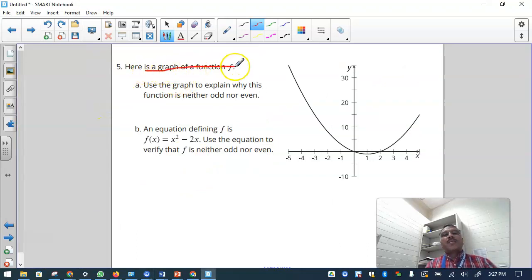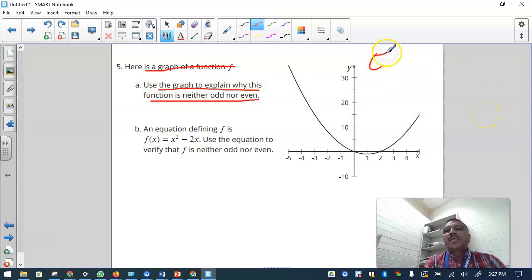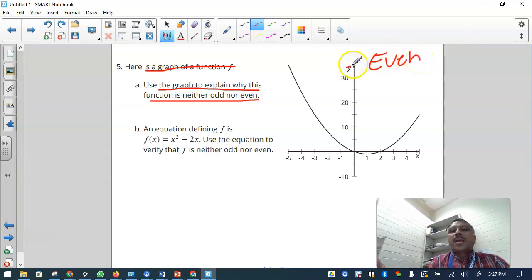Here is a graph of the function, and use the graph to explain why this function is neither odd nor even. Now the graph that you see, the question is, is it an even function? How do we know if it is even? You have to reflect over the y-axis.